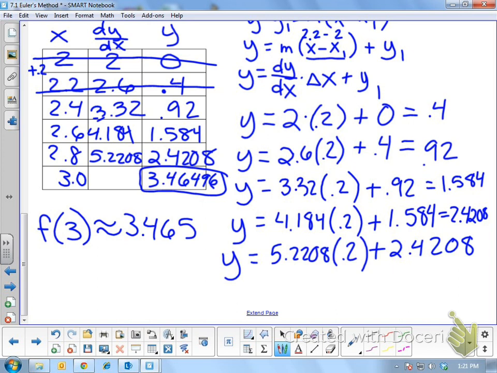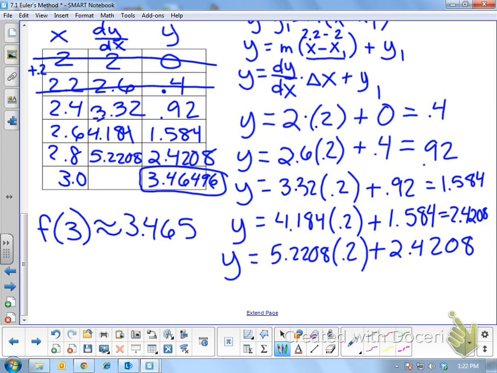It's semi-close. The further away from your original point, the further off your approximation will be. And the bigger your step, the further off your approximation will be. So it is just an approximation, but you can use it to help you find values that are close to values you already know.